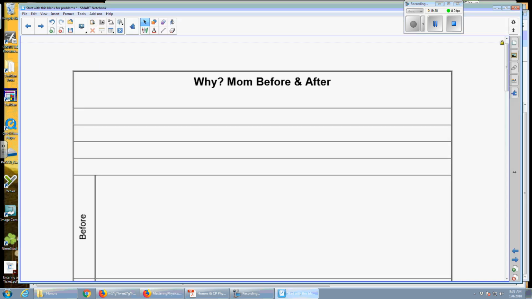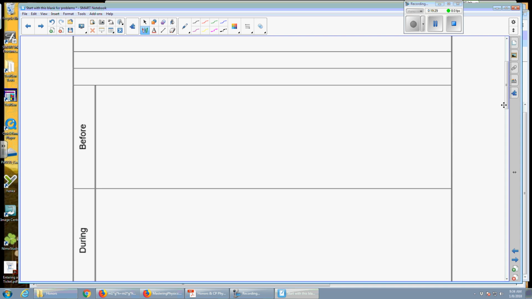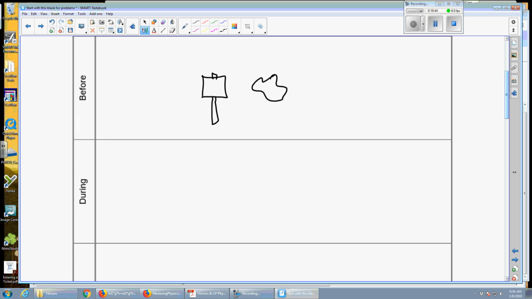So I go over here, number 9. Before, I just have my hammer and my rock. A couple of dots in the rock.